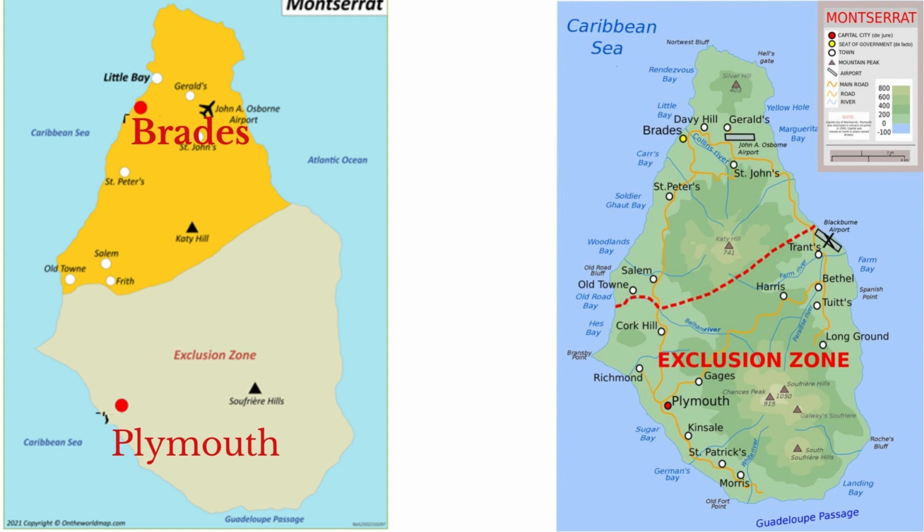If we notice on the map to the right, we see that just like Plymouth, Braids is also well connected by roads to the rest of the island.